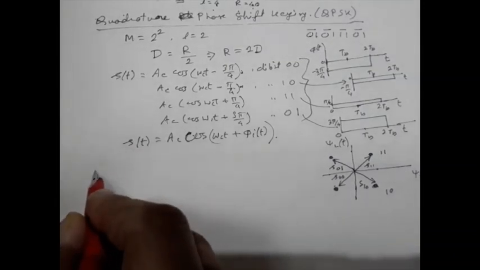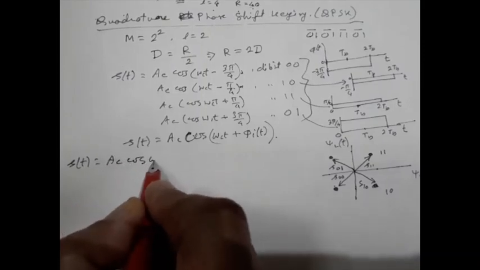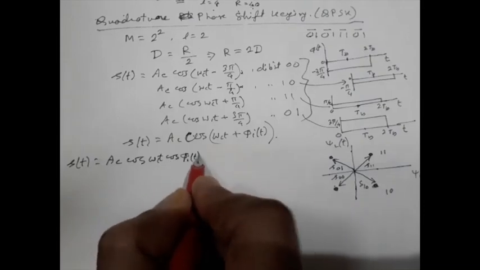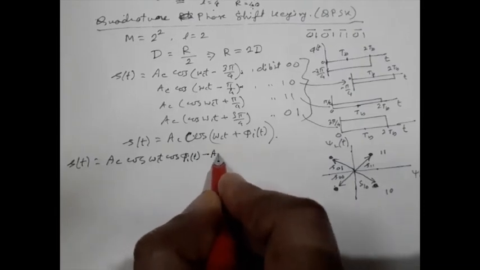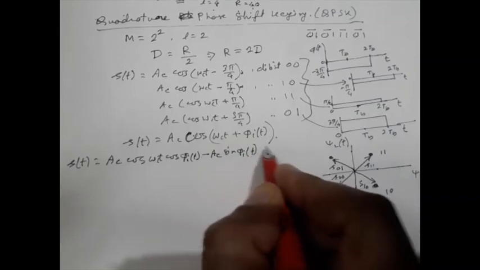So this can also be written as s(t) equal to A_c cos(ω_c t) cos φ_i(t) minus A_c sin φ_i(t) sin(ω_c t).